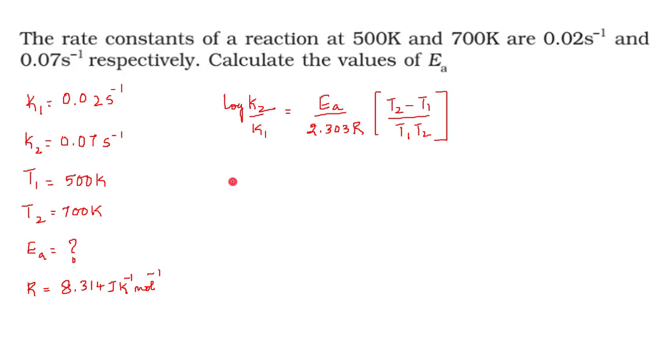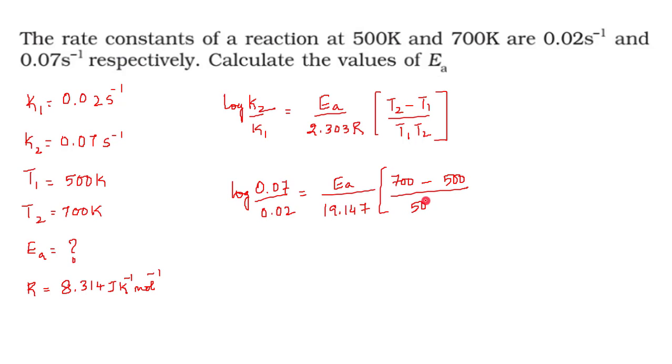So log of K2 value 0.07 divided by 0.02 is equal to EA divided by 2.303 into R, which becomes 19.147, into the higher temperature T2, 700, minus T1, 500, divided by 500 into 700, right? So rearrange and write.